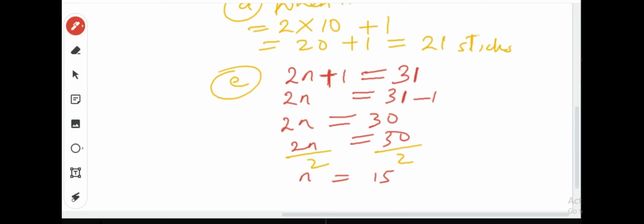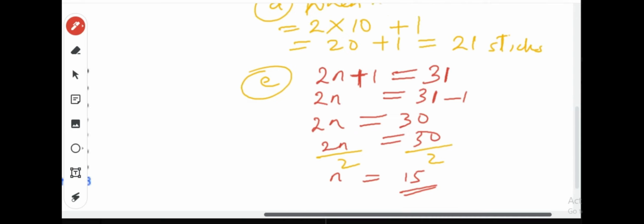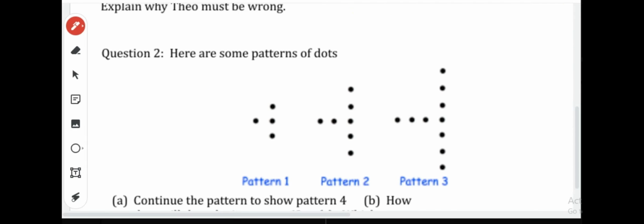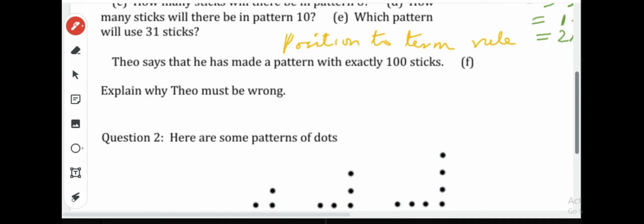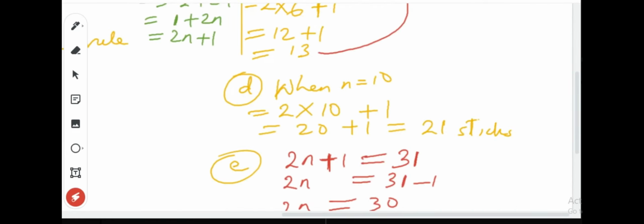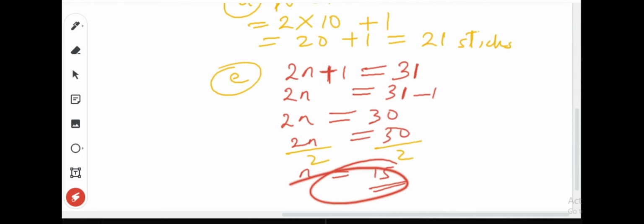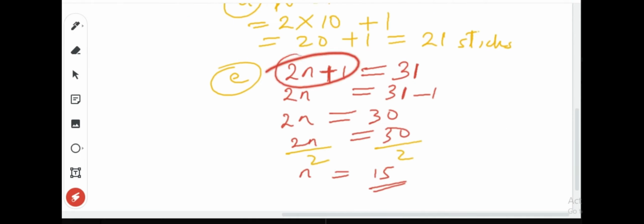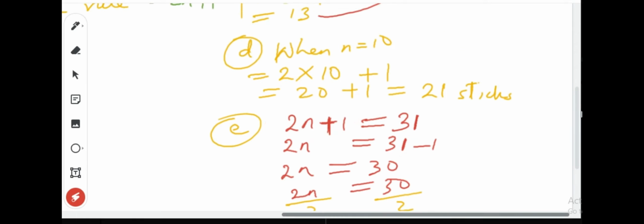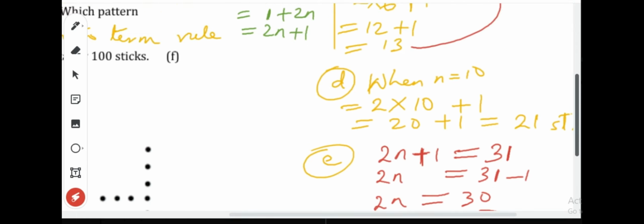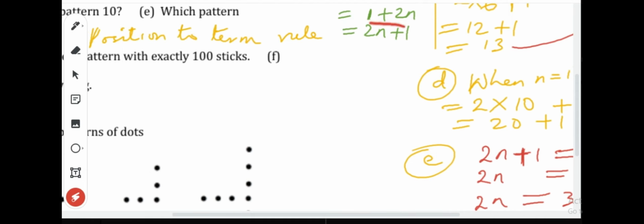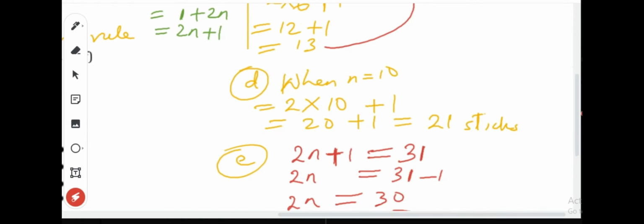So the answer is pattern 15. It is pattern 15 that will have 31 sticks. It says which pattern will use 31 sticks? So it should be pattern 15. I said write the formula. The formula, or position to term rule, is 2n plus 1, and it is equal to 31.